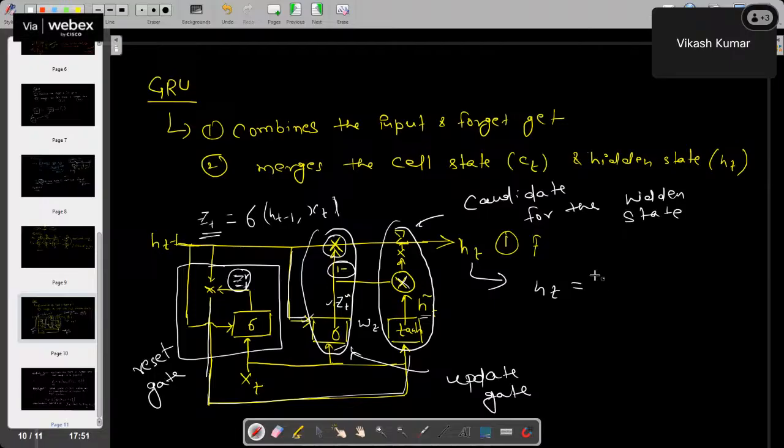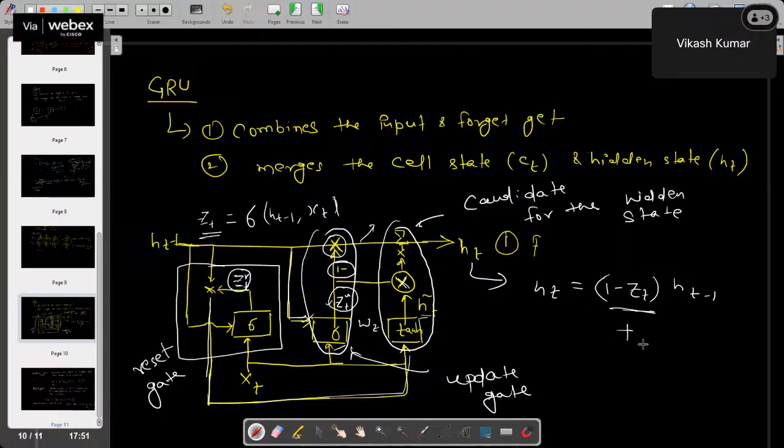So if this information is zt, then 1 minus zt of ht minus 1 will come here, isn't it? This is the information that will come here, plus this part.